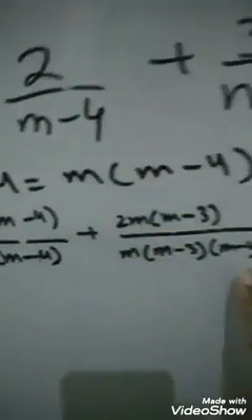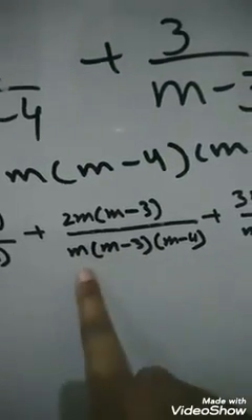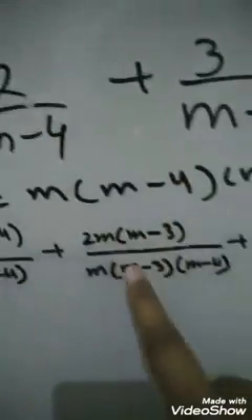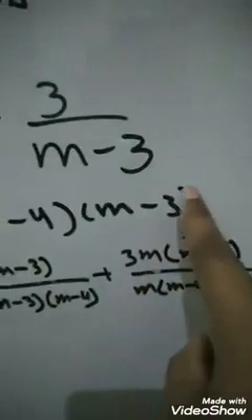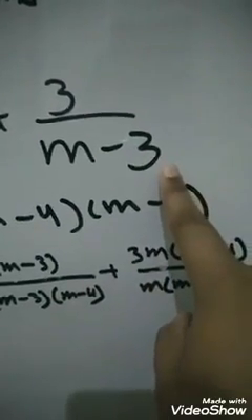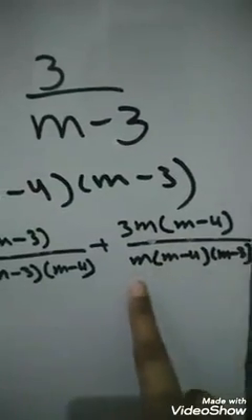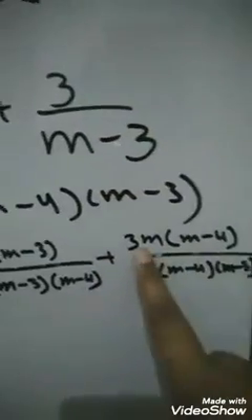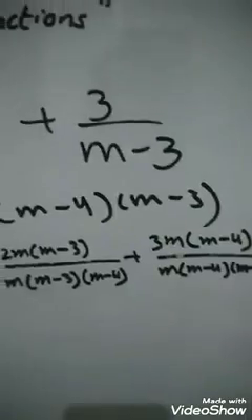In the second fraction the denominator is m minus 4, so I multiply by m minus 4 into m minus 3, and the numerator is 2, so 2 is multiplied by m into m minus 3. In the last fraction the denominator is m minus 3, so it is multiplied by m into m minus 4, and the numerator is 3, so 3 is multiplied by m minus 4.